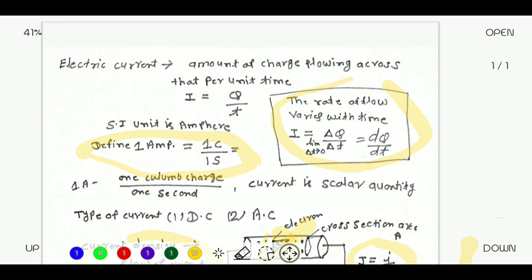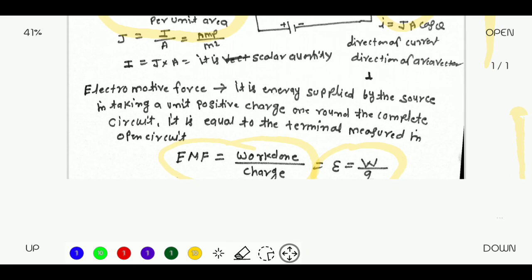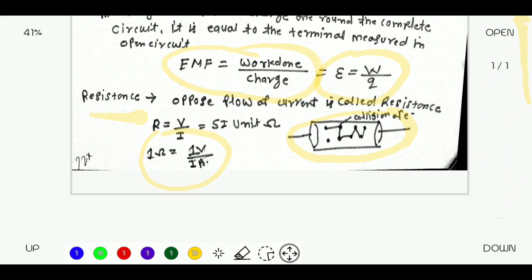The flow of current per unit area is called current density, and the opposition to the current is called resistance. So in this video we discussed electric current, electromotive force and resistance. This is the basic definition of current.